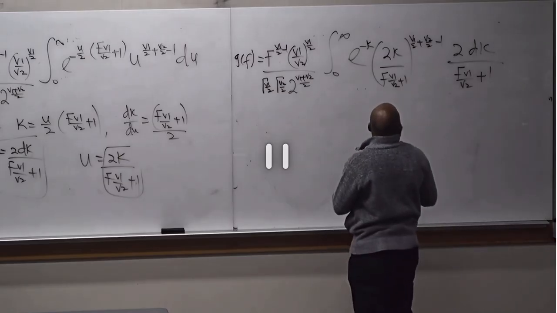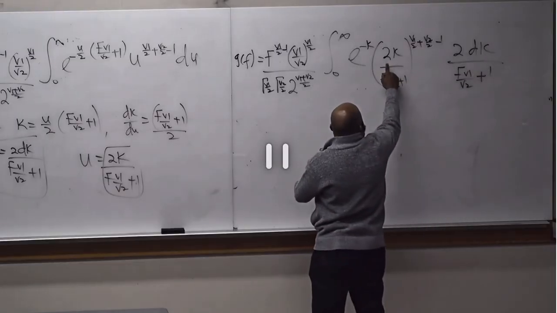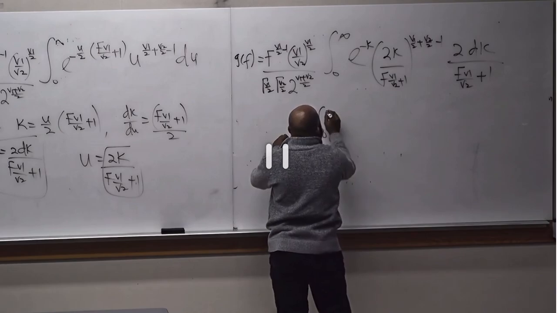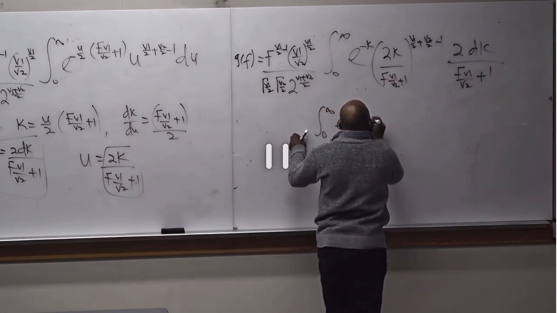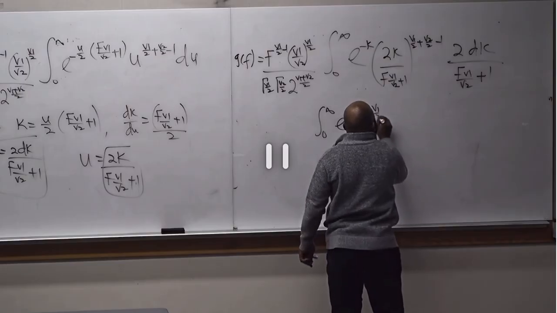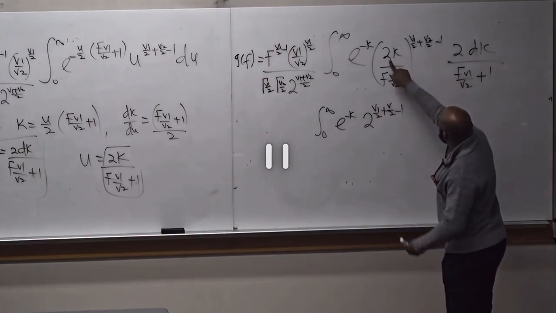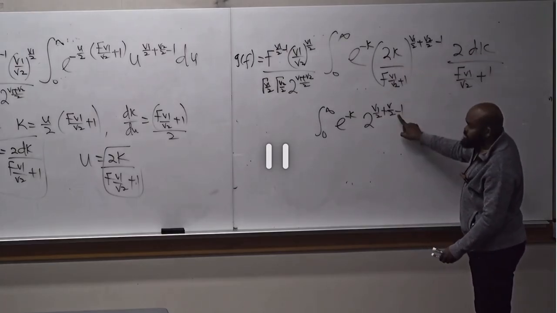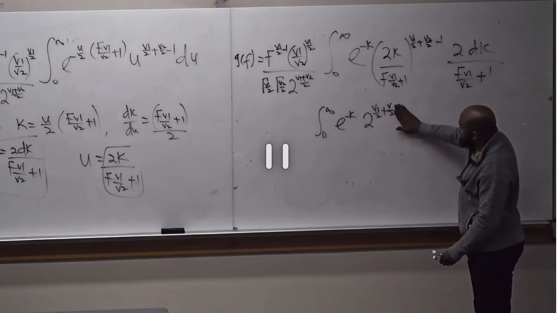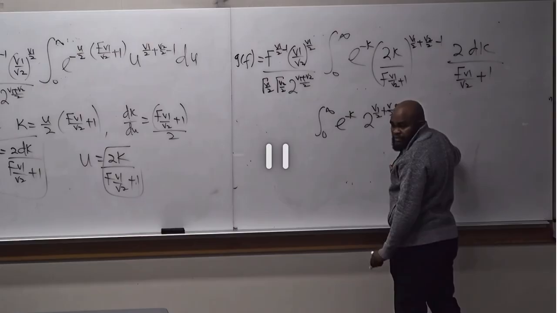Because I'm doing it with respect to K, I'm going to have e raised to power that, and 2 raised to power this. Because there's a 1 here, the minus 1 is going to go away. If the minus 1 goes away, this guy will cancel this guy, if you see what I'm doing.